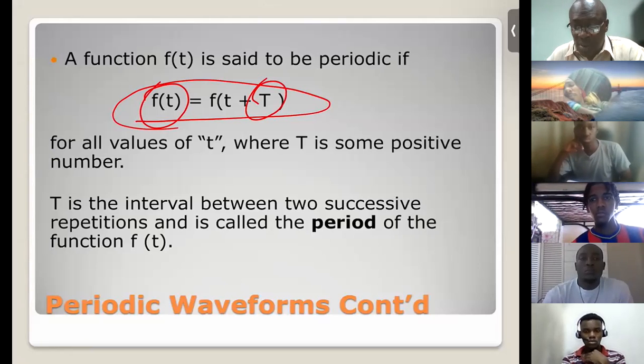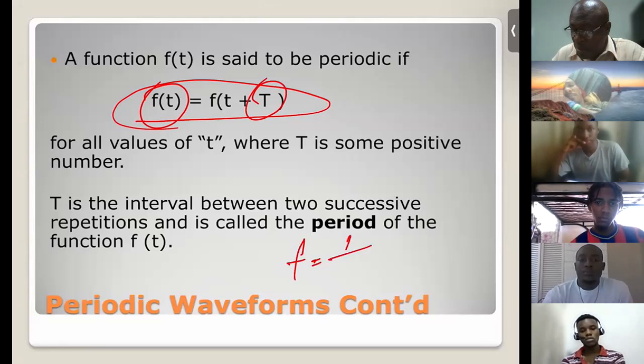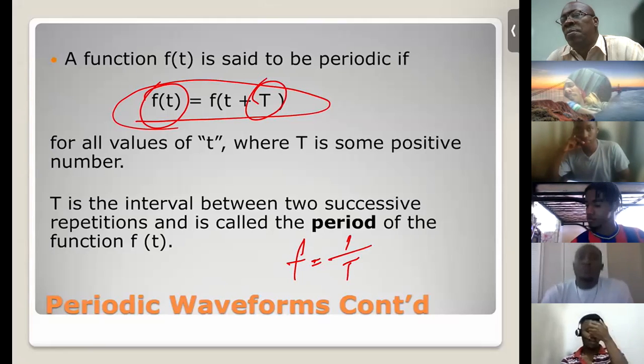All right, that's all this expression refers to. T, of course, as we mentioned before, is the periodic time. And the frequency of the waveform would be equal to 1 over T. So the reciprocal of your periodic time will give you the frequency of the wave.